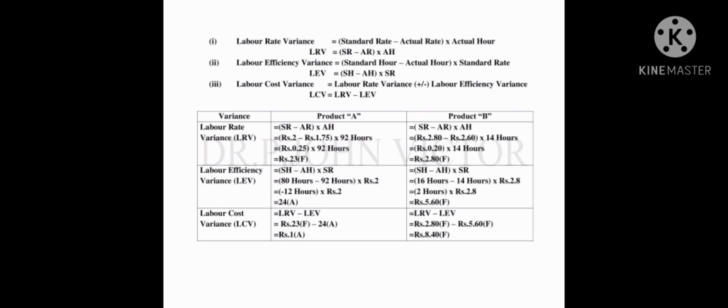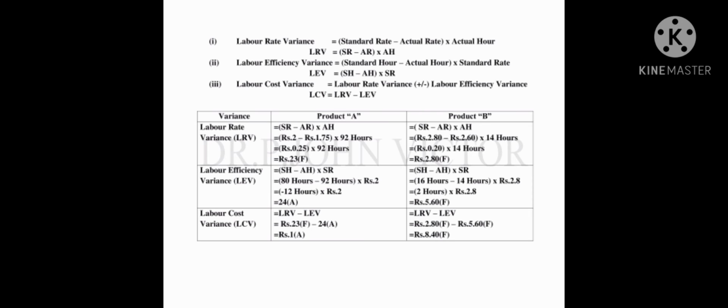Of course, standard rate is rupees 2. Now you see here the hours 92 is higher, it is a minus value. That means 80 minus 92, that is minus 12. That means it is an adverse value. Definitely the answer is going to be adverse.